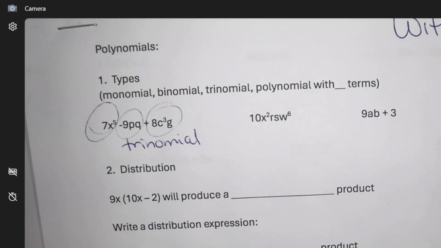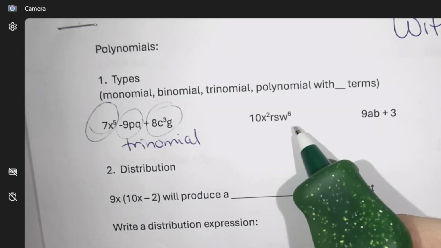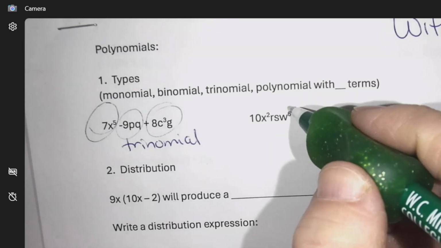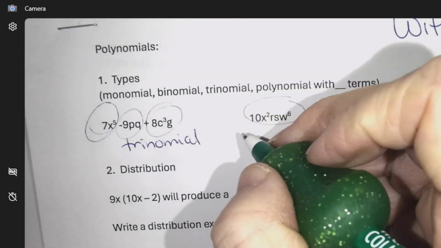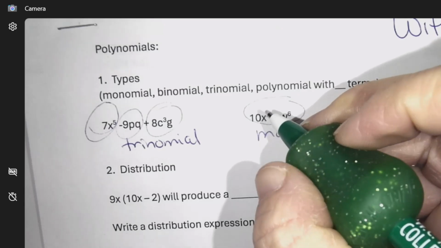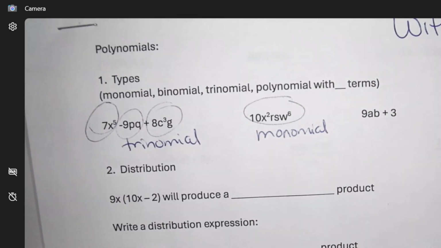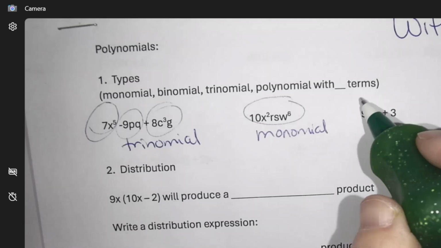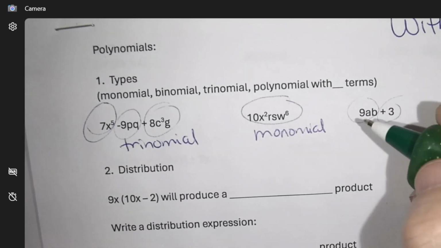Okay. Number 2 here. How many terms do you see? Just one, because that's all glued. Multiplying and dividing, it's all glued. It's a monomial. This one, there's an add sign, so that's a separation.